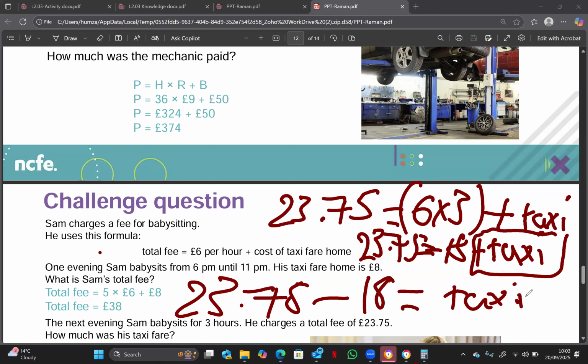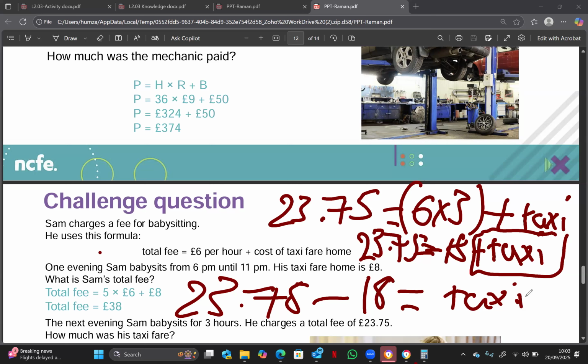When it crosses to the left side, it becomes minus. When it crosses to the other side, it becomes addition. So the answer we need is to subtract 18 from 23.75, and the answer would be £5.75.